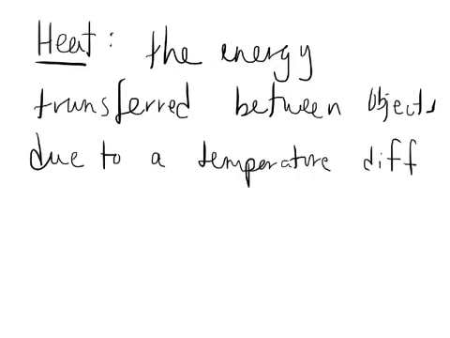Okay, so due to some gradient, we call that in physics and engineering a gradient or a change, a delta in a sense. So there's some change in temperature between two objects, and that's what we think of as heat.